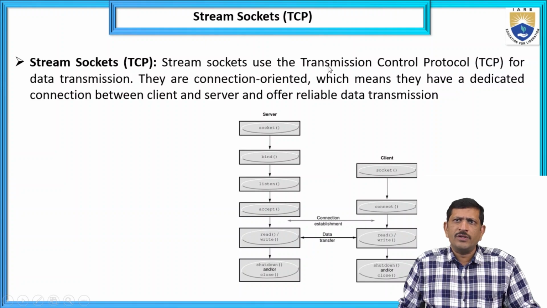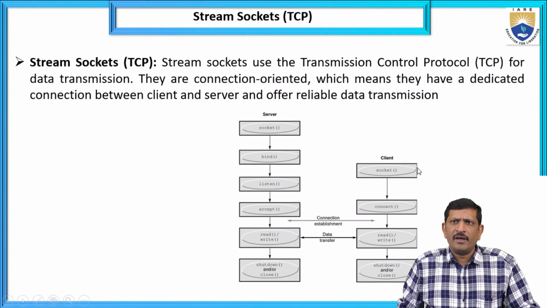Stream sockets use the Transmission Control Protocol for data transmission. They are connection-oriented, which means they have a dedicated connection between the client and the server and offer reliable data transmission.